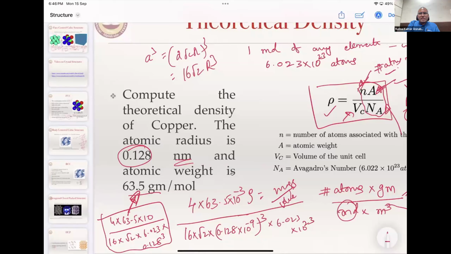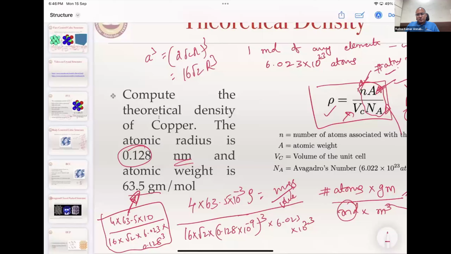So can you do a Google search and find out what is the density of copper? It's 8.94 gram per cm cube.